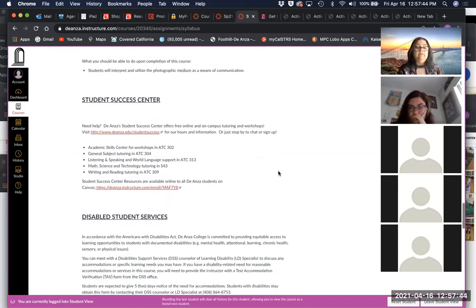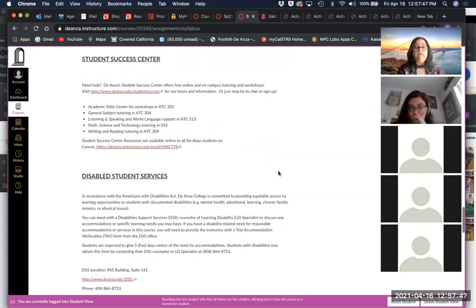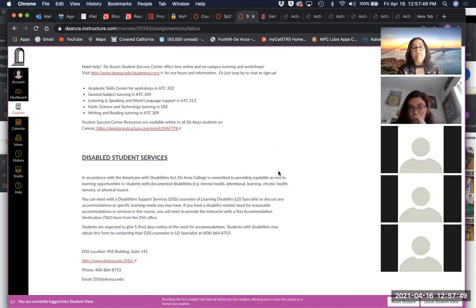And for disabled students as well, we have Disabled Student Services. If you have any issues, it's a good idea to talk with them and sort of register with them. They can be a really good advocate for students, in terms of if you need extra time to take an exam, and any number of other things.